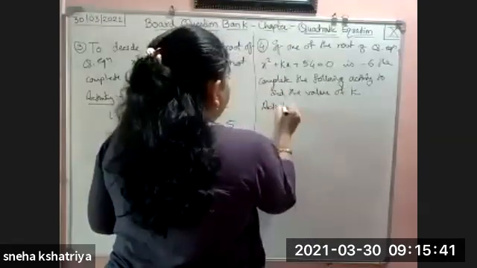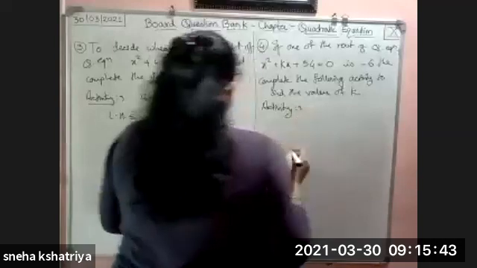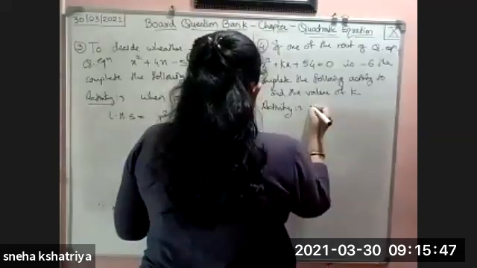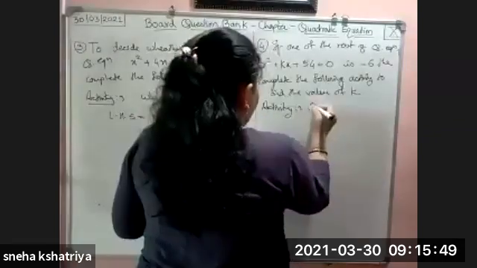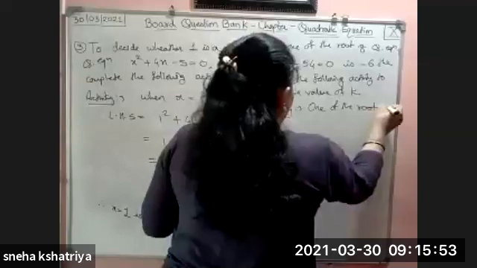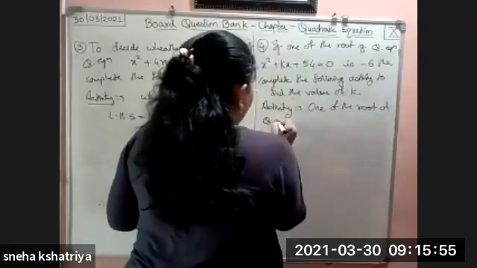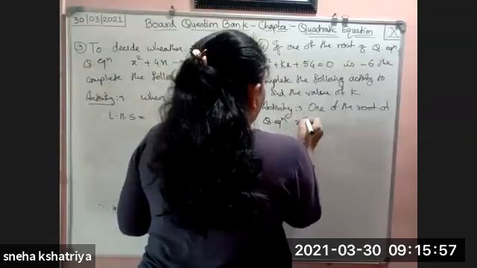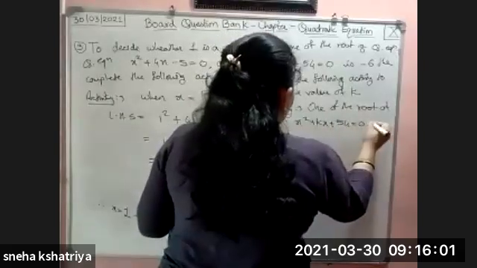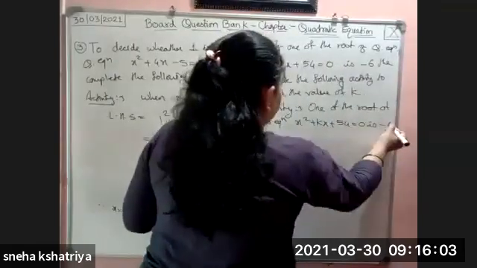So the activity is given to you. One of the roots of the quadratic equation x square plus kx plus 54 is equal to 0 is -6.